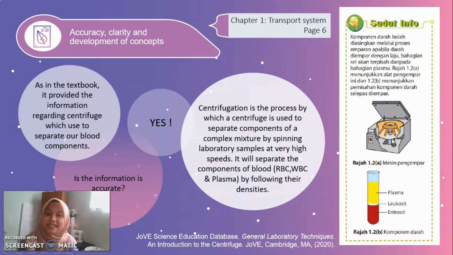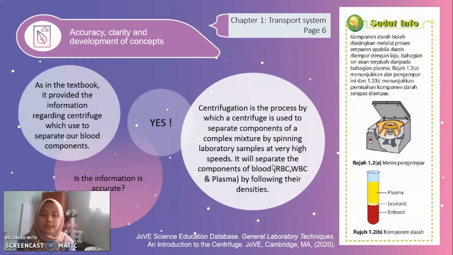The answer is yes, because according to the Science Education Database, centrifugation is the process used to separate components of a complex mixture by spinning the laboratory sample at a very high speed. Like you say over here, diempar dengan laju, a very high speed.